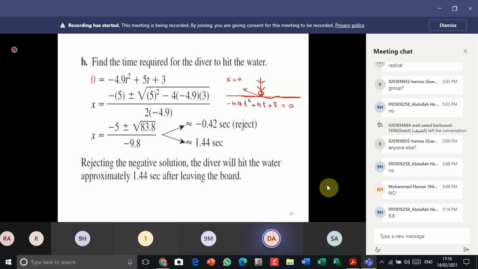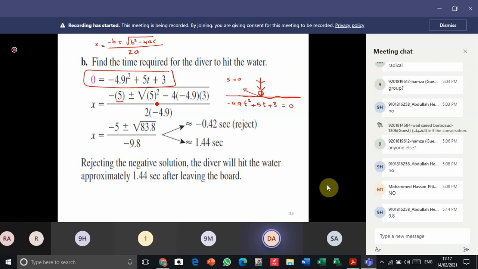Okay, so we have this equation. We can find the solution of the quadratic equation by the quadratic formula. We have x equals negative b plus or minus the radical of b squared minus 4ac, over 2a. This is the quadratic formula.